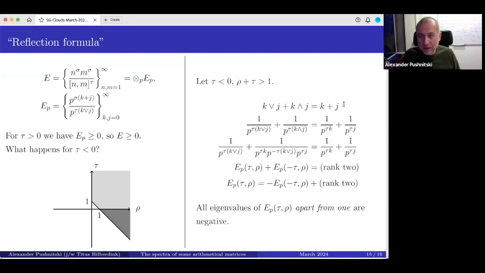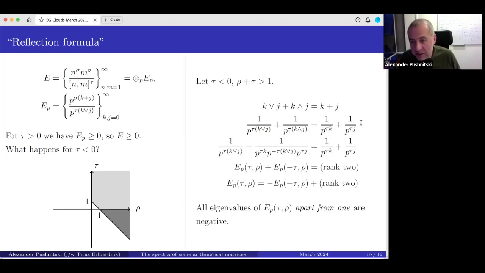Not very clever. Then you apply this to the main component of this EP. I'm ignoring the numerator for the moment. I'm just looking at the denominator. So I have 1 over p to the tau maximum, plus 1 over p to the tau minimum.